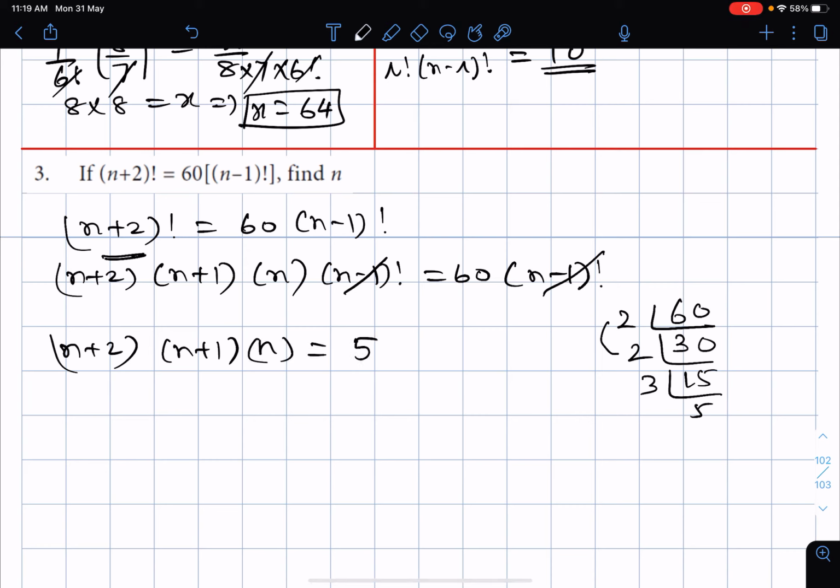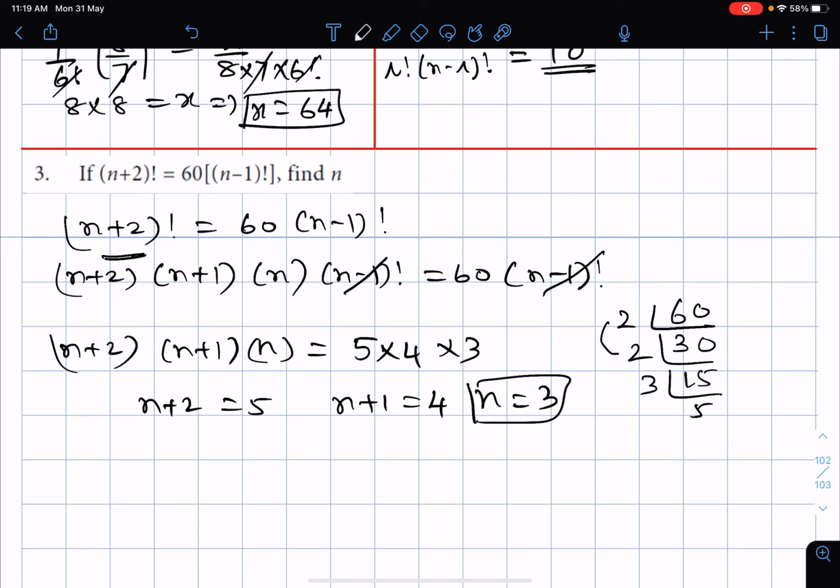So starting from highest, 5 into 3 into 4. What does this imply? N plus 2 equal to 5, n plus 1 equal to 3, and sorry I have written it the other way, isn't it? Here you have to get it one by one only, it should decrease. 4 into 3, n plus 1 is equal to 4, and our n equal to 3.